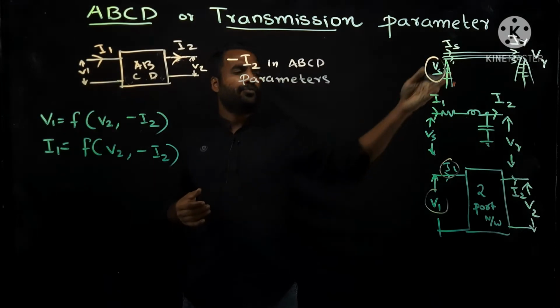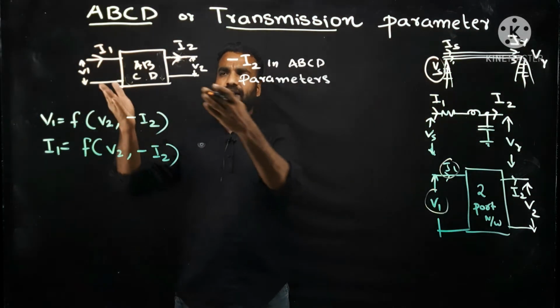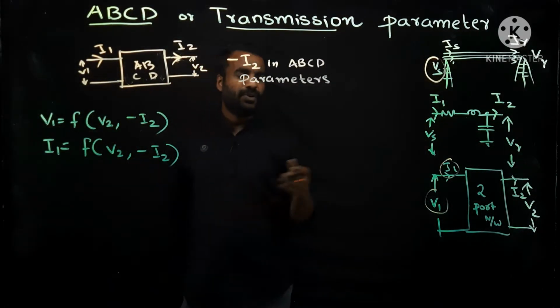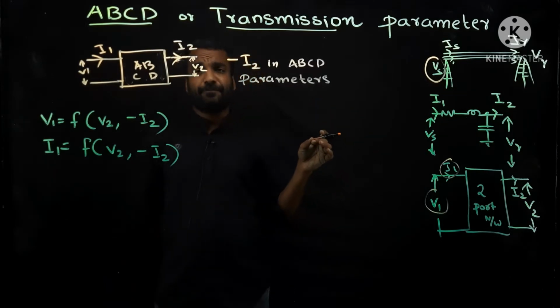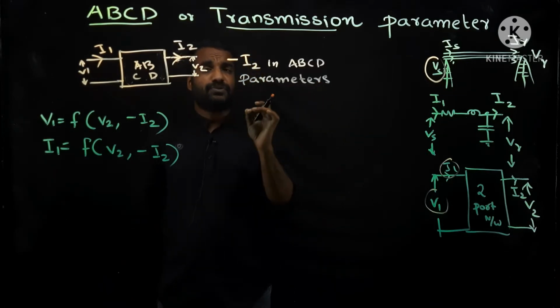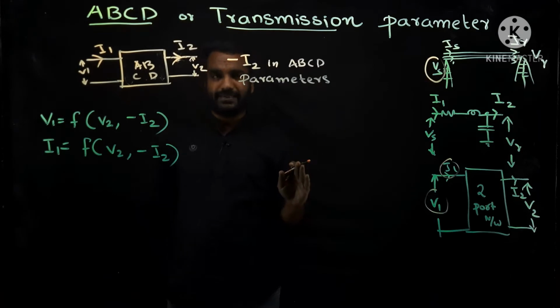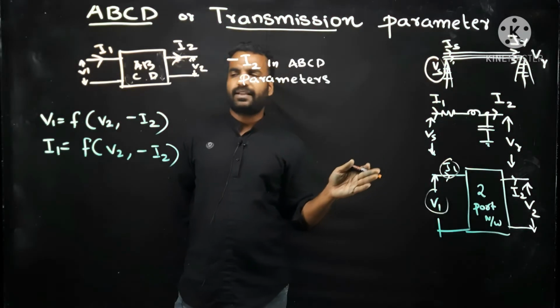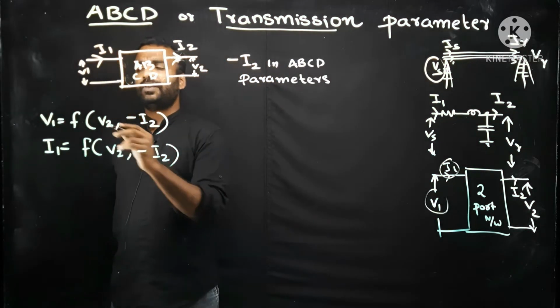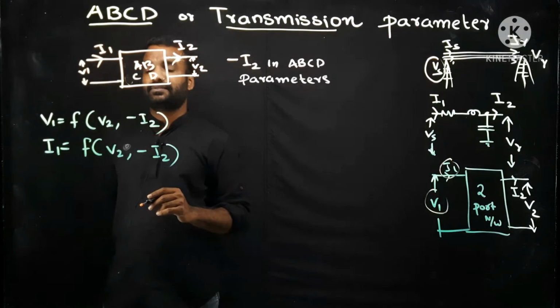From an exam point of view, you need not draw these things. You can start from this itself. You can write that it is used for representing transmission lines, and that is all that is needed. So, V1, I1 are the independent parameters.